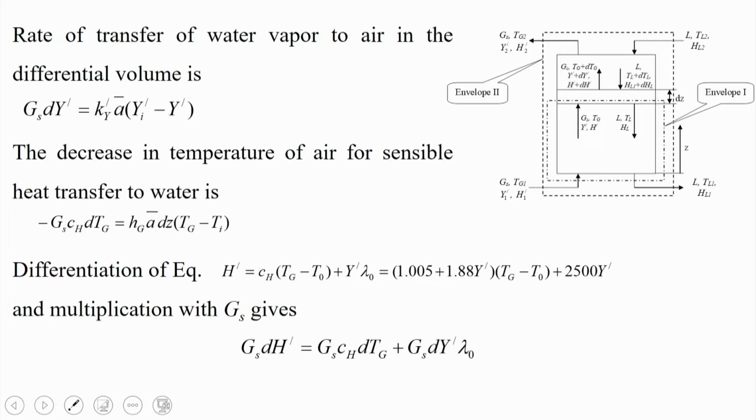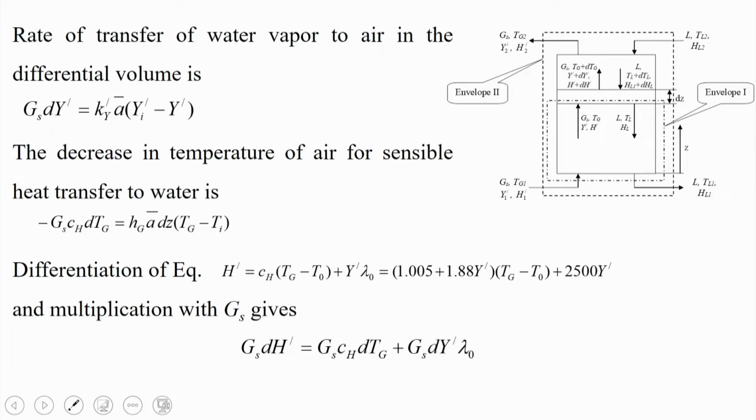Now, differentiating the equation which we obtained for the total enthalpy of the system, H prime is equal to Ch into (Tg minus T0) plus y prime into lambda 0, where T0 is 25 degrees Celsius, that is, (1.005 plus 1.88 y prime) into (Tg minus T0) plus 2500 y prime. In the previous class we have already derived that enthalpy equation.